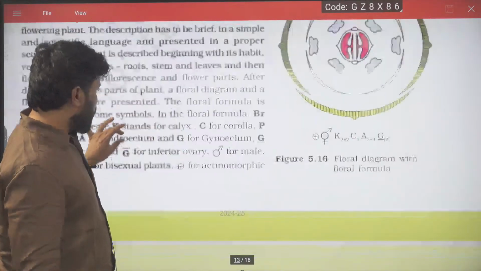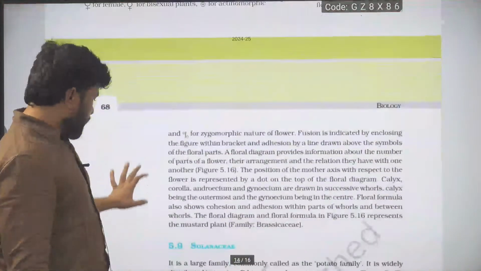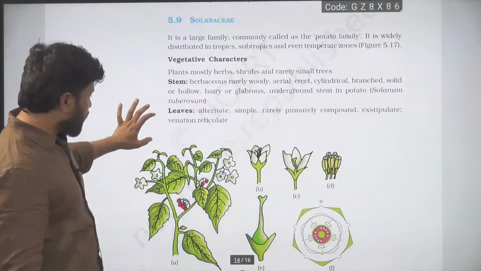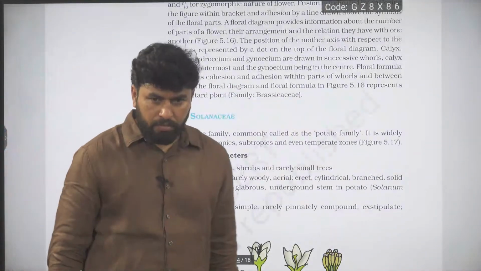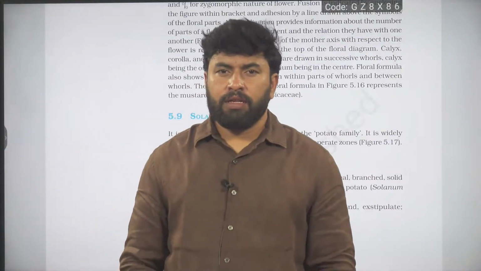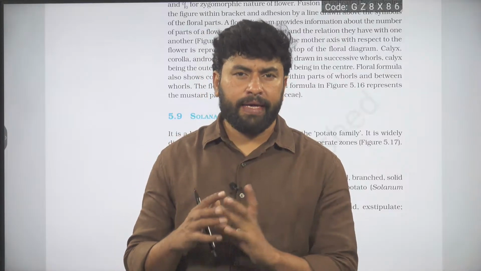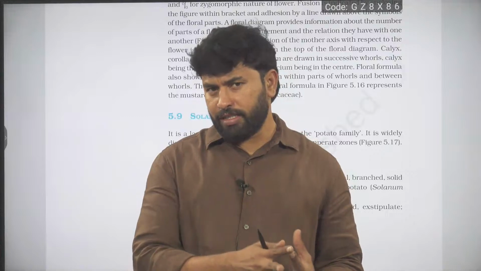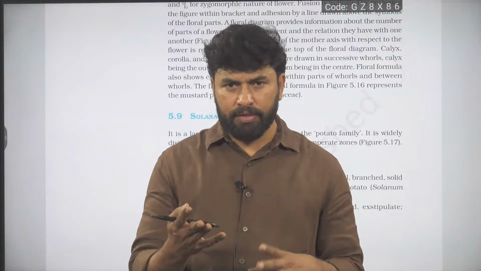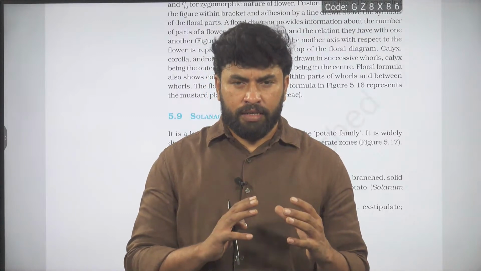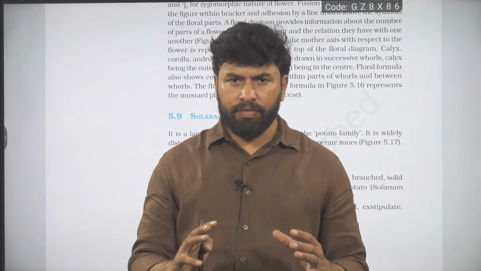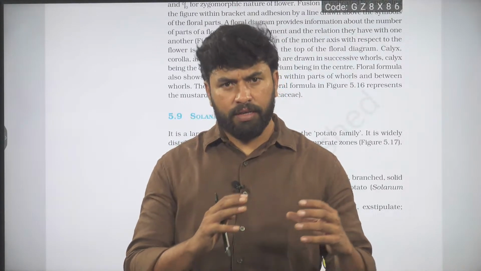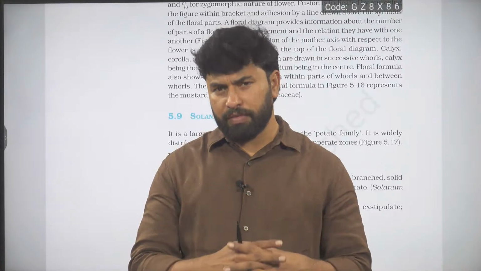Now I wanted to tell you one thing regarding families. In recently printed books, there is mention of only 2 families, and in the old NCERT book there are 3 families, but in the syllabus given for NEET, many families have been mentioned. For the discussion, we will discuss all of them.